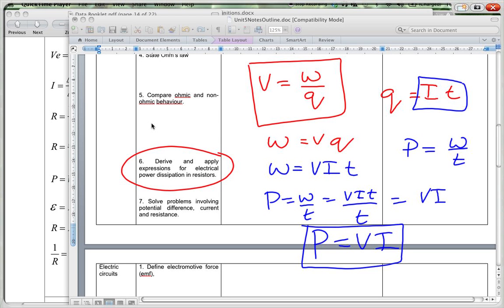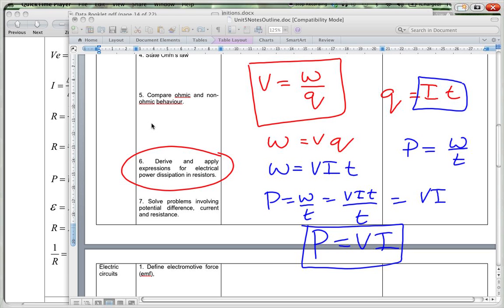Probably rivaling R is equal to V over I, because in actual application we use this a lot, that your power is equal to your V times your I. You can work out the power of any appliance and so forth that's being used.